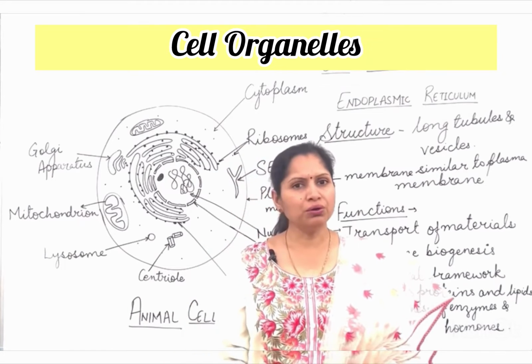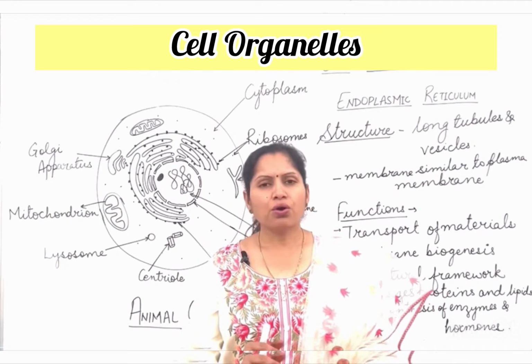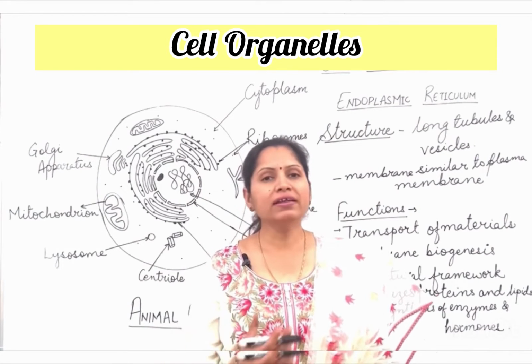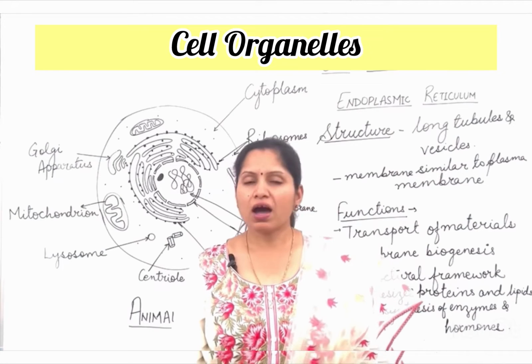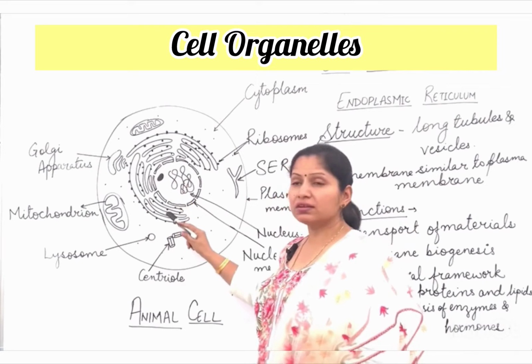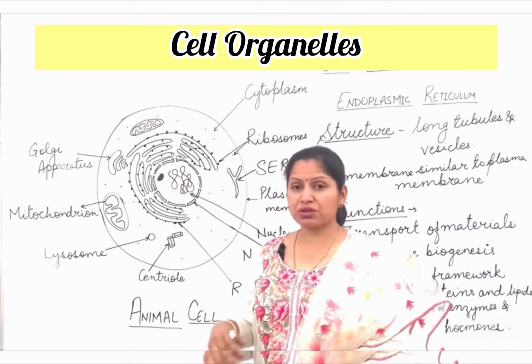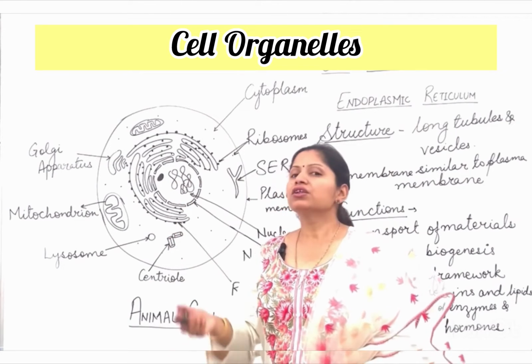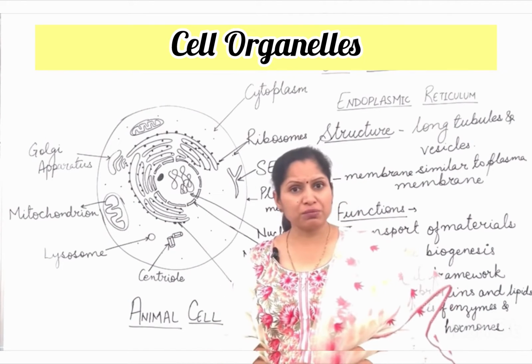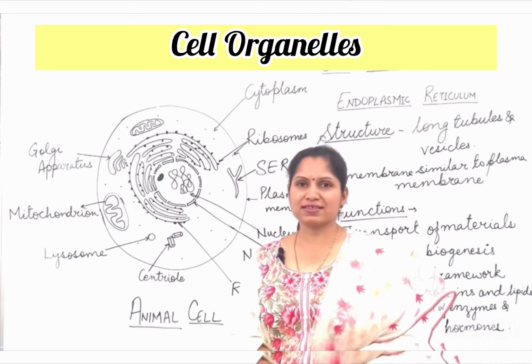And do you all know enzymes, hormones, as well as all the cell membranes, they all contain proteins. Apart from that, this rough endoplasmic reticulum has the ribosomes that are manufacturing proteins, and hence one of the functions of rough endoplasmic reticulum will be synthesis of proteins.